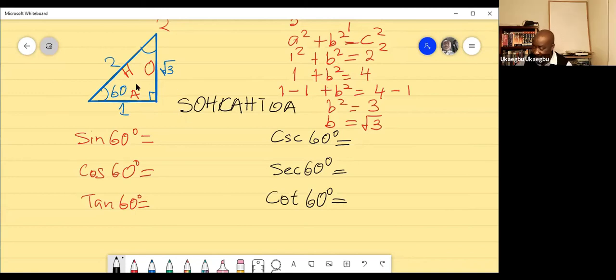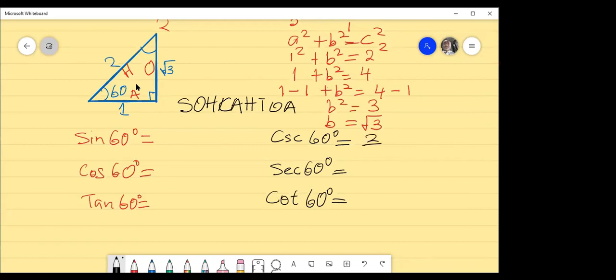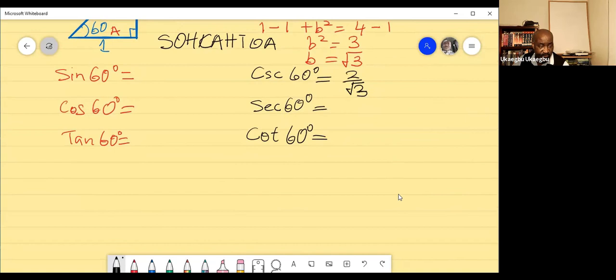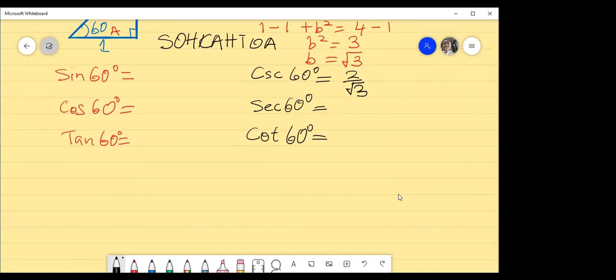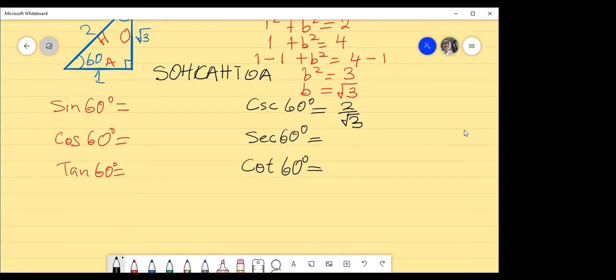So, Sarah, please repeat your answer. I want to write it down. Tyler, you are correct. 2 over the square root of 3. Thank you. All right. Victor, go. Cotangent 60 degree is? Just square root of 3.